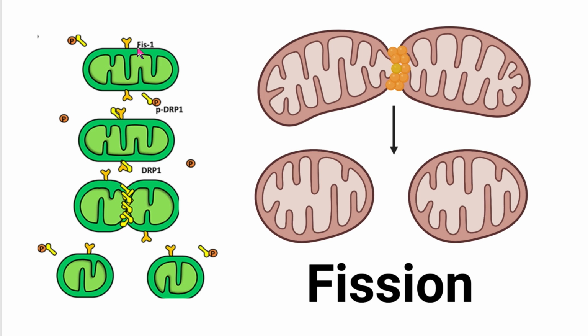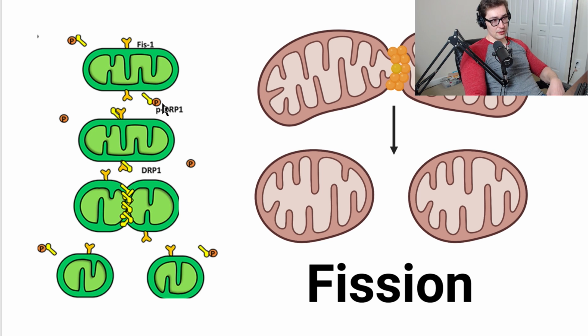And then there's a series of different receptors for DRP1. So we've got DRP1, which is floating around in the cytosol of the cell, around the mitochondrion, but not on the mitochondrion. And then you've got a bunch of receptors that are specifically on the outer membrane of the mitochondrion.